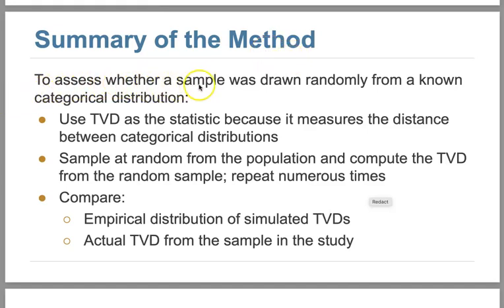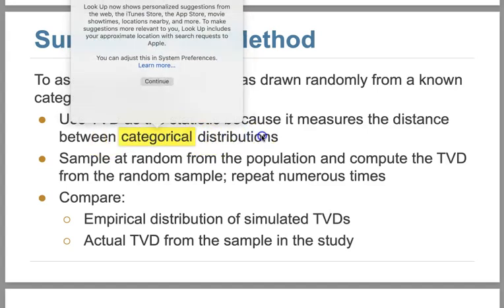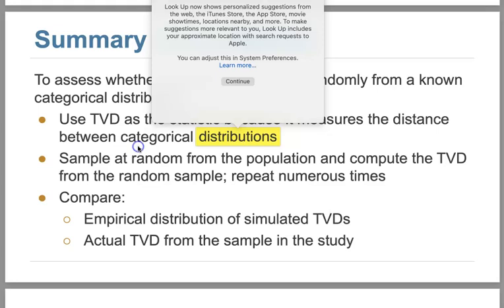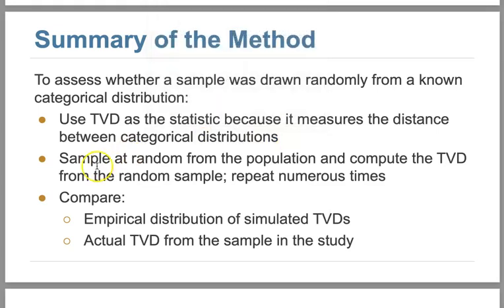To assess whether a sample was drawn randomly from an unknown categorical distribution, if we have more than 2 categories, we use the TVD, the total variation distance, as the statistic, because it measures the distance between categorical distributions. Then we sample at random from the population and compute the TVD from the random sample. We repeat numerous times. From our example, we do 10,000 times.